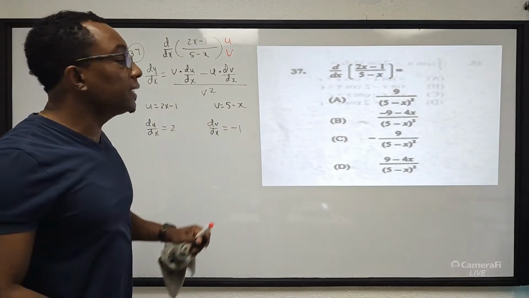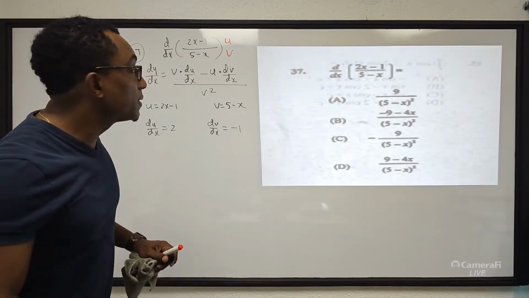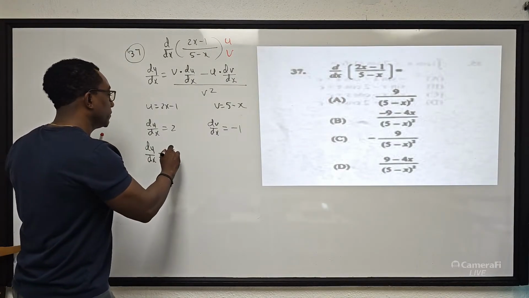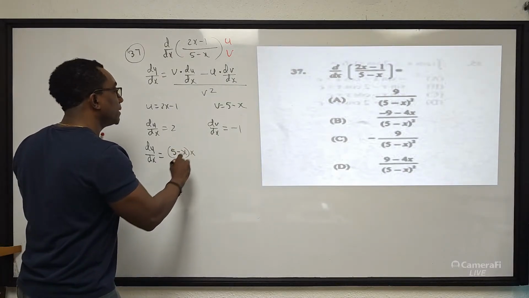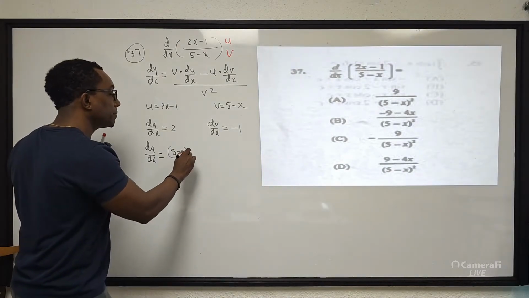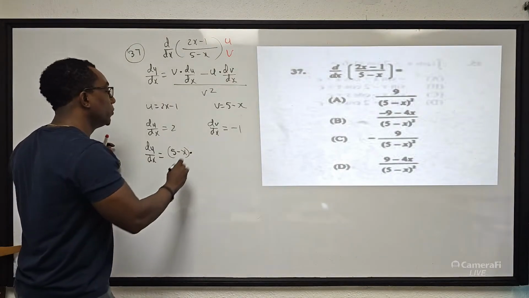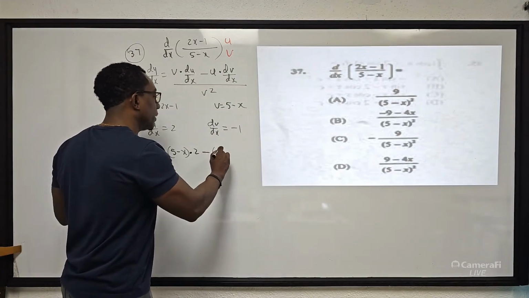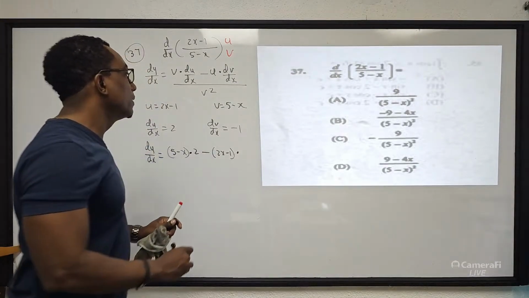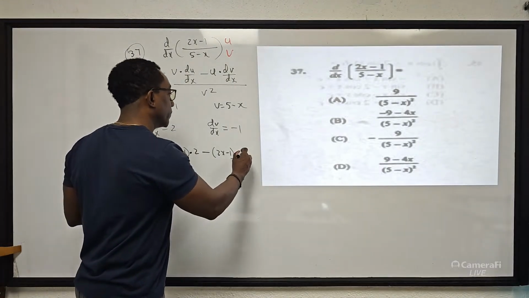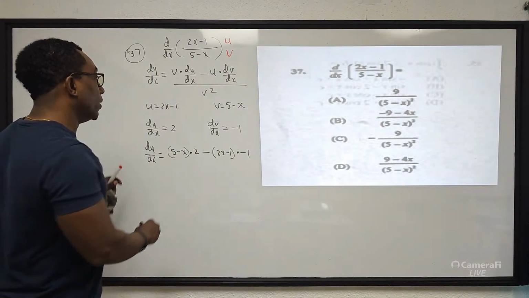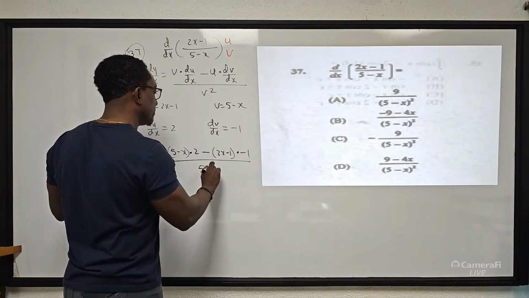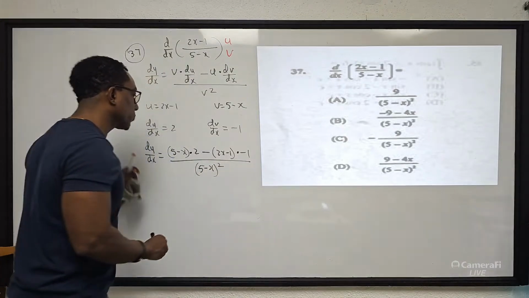With all my key variables, let me substitute into my quotient rule. dy over dx will be v, which is 5 minus x, times du over dx, which is 2, subtract u, which is 2x minus 1, times dv over dx, which is negative 1, all over v squared, which is 5 minus x, in brackets, all squared.